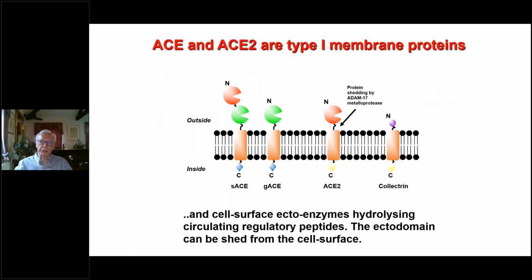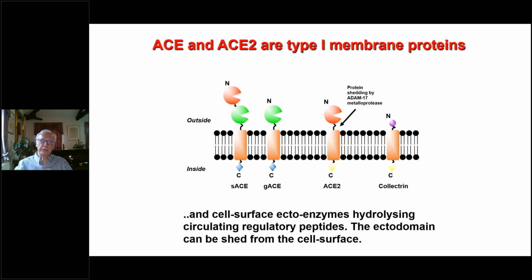So let's look at the topology of these proteins that we learnt about from our sequencing and structural studies. Both ACE and ACE2 are what we term type 1 integral membrane proteins. That is, they have a small cytoplasmic domain, a single-span anchoring transmembrane domain, and then the bulk of the protein, including the active site or sites, faces the extracellular space where they can hydrolyze circulating regulatory peptides.